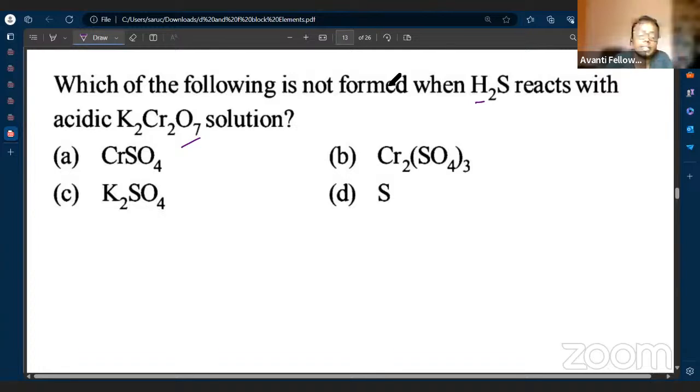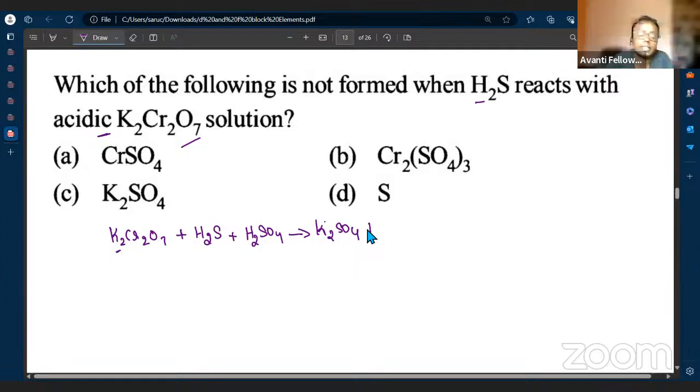Okay, so I'll write the equation. K2Cr2O7 reacts with H2S in the presence of acidic condition, H+. Potassium can take up sulfate to form K2SO4.